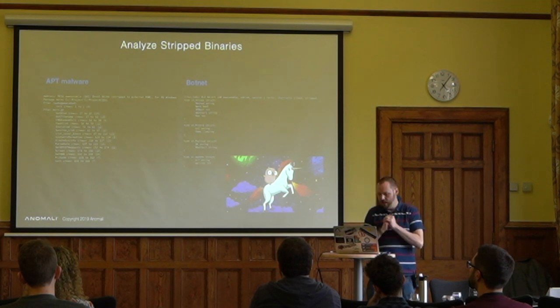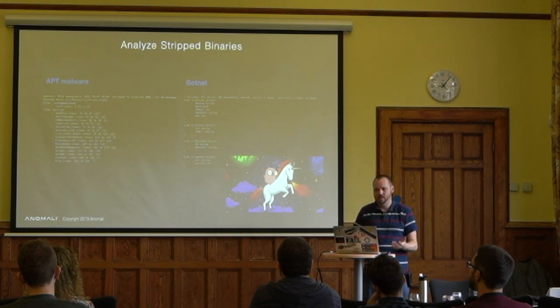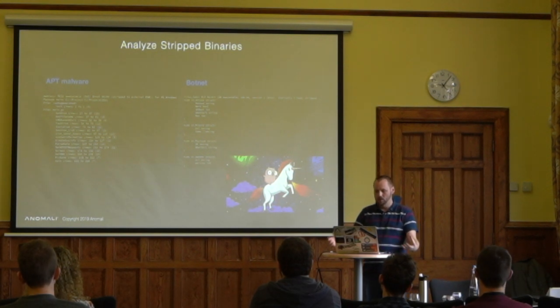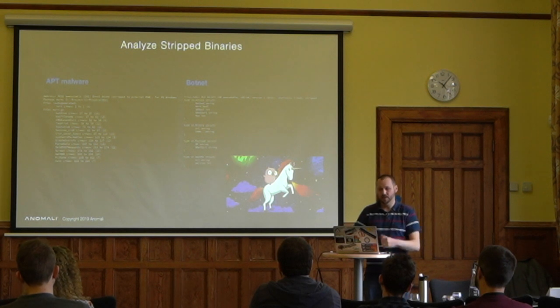Knowing this information, we know what the payload is and things like that. It gives us a good understanding of what it might do without actually going deep into the binary.